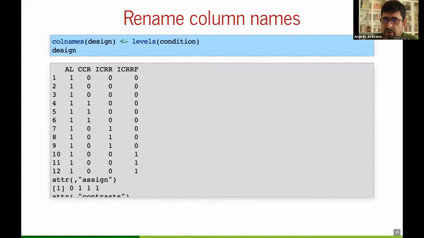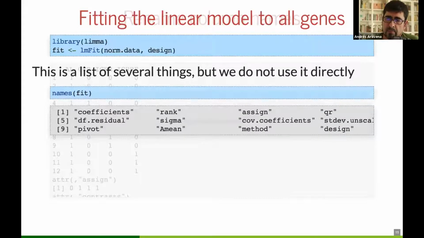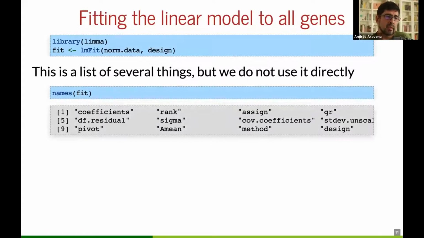So the point of LIMMA is that they have a couple of clever ideas. The first idea is that if you have the design matrix and you have the expression data, the rows of one are the columns of the other, so there is some kind of matrix multiplication, which we can discuss later, that gives you in one step all the things that you want.